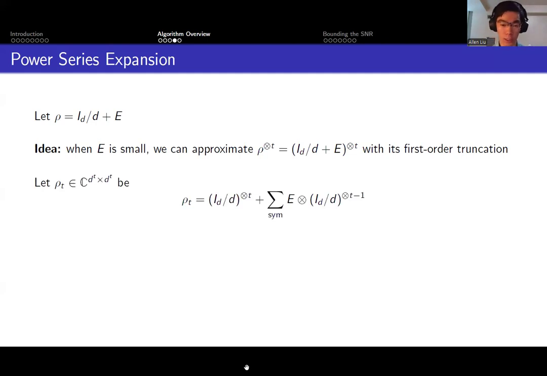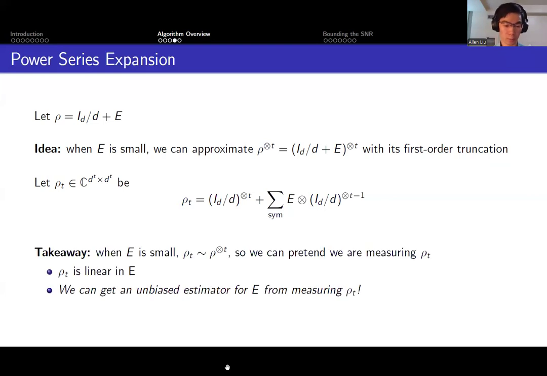So we can instead write rho sub t, the d to the t by d to the t matrix given by the linear approximation to rho tensor to the t. We just keep identity over d tensor to the t plus this linear approximation. This symmetric sum is over all possible ways to tensor together one copy of e and t minus one copies of identity over d.